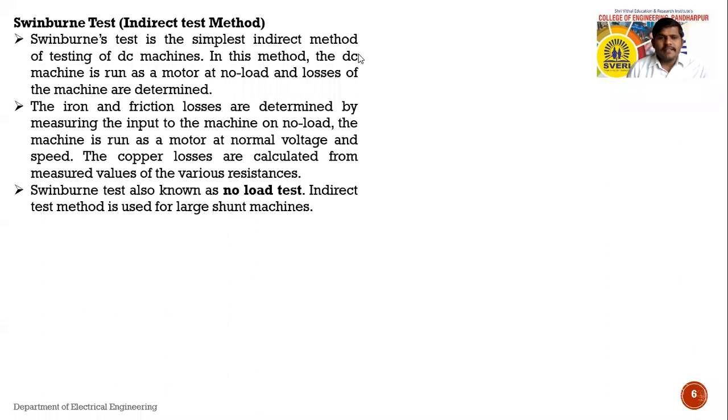We have already discussed in the case of the DC series motor the types of losses, that is constant loss and variable loss. So which are variable and which are constant, we have already discussed. So can anyone tell me the no load losses?